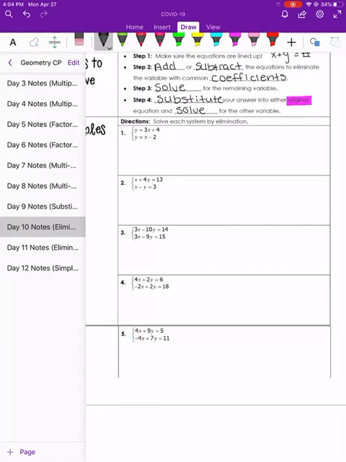So my first one says y equal 3x plus 4 and y equal x minus 2. You can see that I have my y's lined up, my x's lined up, and my numbers lined up, meaning that they're on top of each other.